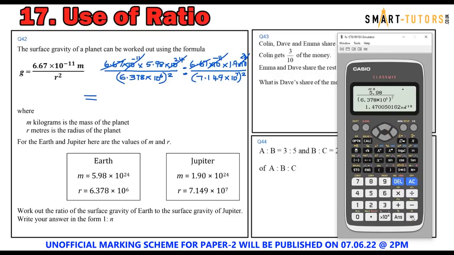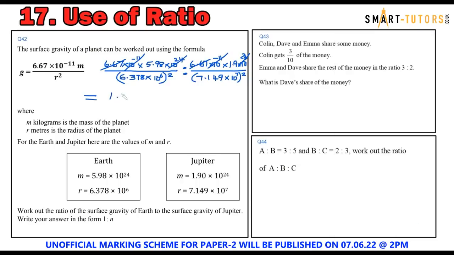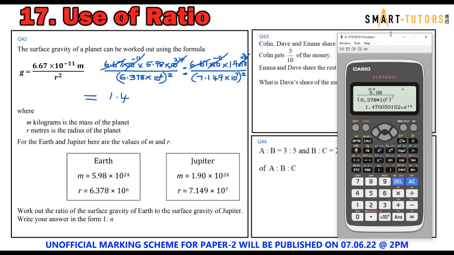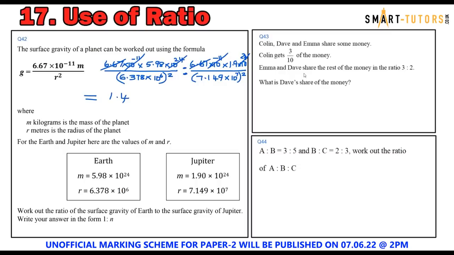So if you press the answer, you will get 1.47 times 10 to the power minus 13. That is the ratio.